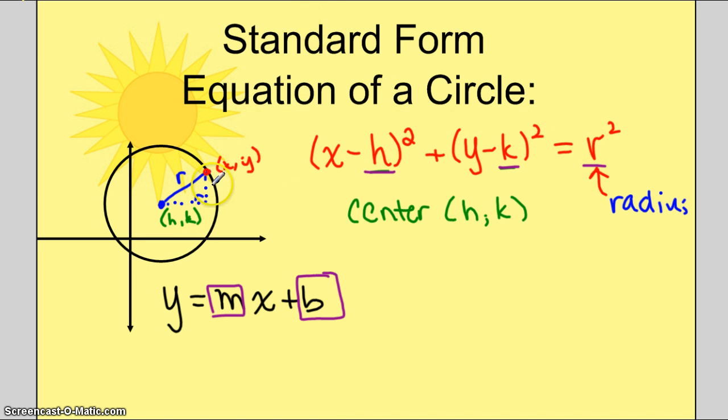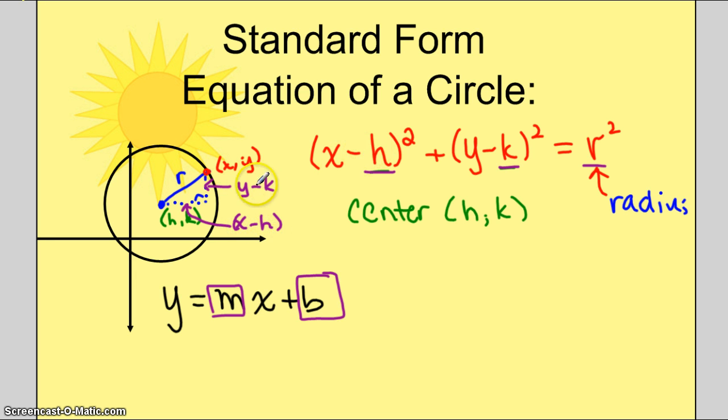The height is the change in my y values. So my leg right here is y minus k. And my other leg down here is the change in my x values, the shifting horizontally. So that's x minus h.